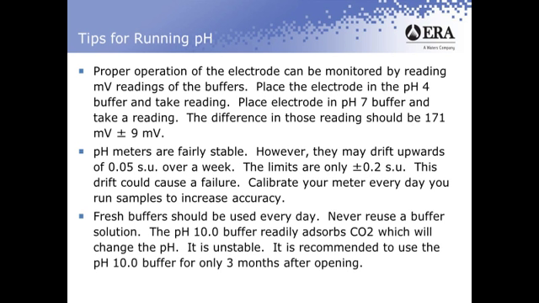The sample that you get from ERA will give you enough volume to screen the pH. What I'd recommend doing is screening that value and getting a rough idea about what the pH is, and if your pH falls between the 4 and 7, to calibrate with a 4 and 7. If it falls within 7 to 10, calibrate with a 7 and 10.